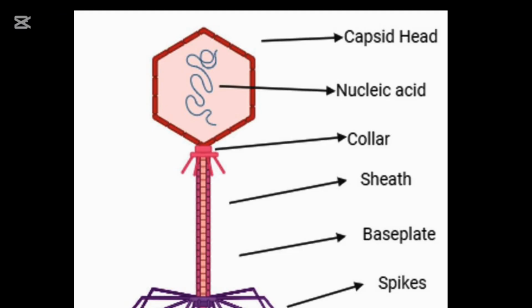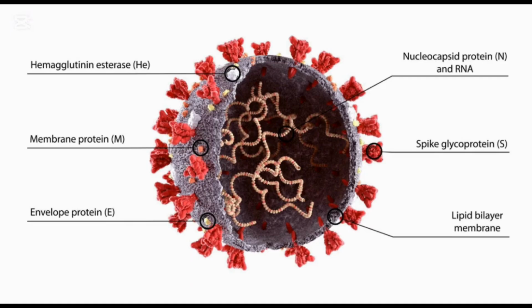So if you didn't understand this part of the video, whereby I'm saying it's none because it has a well-defined nucleus, I want you to understand the structure of viruses and the structure of bacteria. Bacteria are prokaryotic, so they don't have a well-defined nucleus.